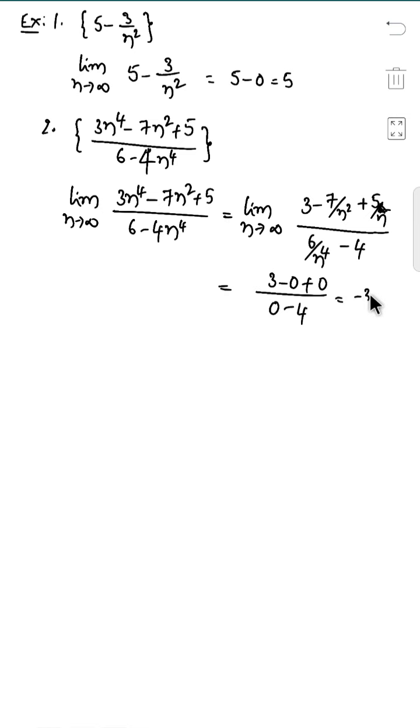So we have minus 3 by 4. So the sequence converges to minus 3 by 4. You can say that.